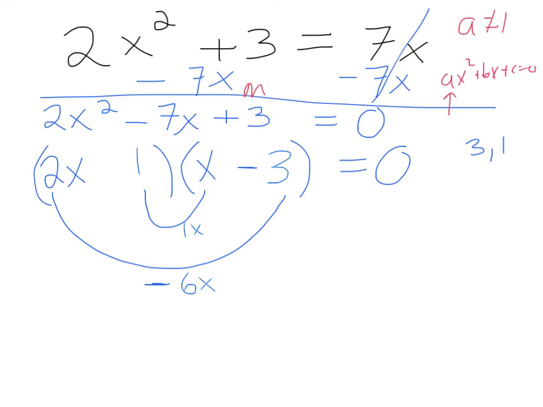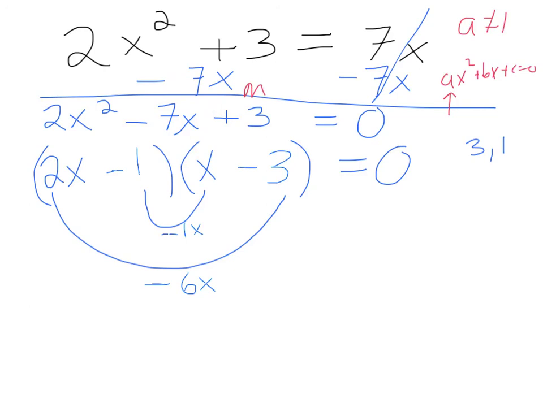If the inner term was negative as well, you'd have negative 1 times x. That makes negative 1x. Now, what's nice is you're still covered here. To make 3, negative 1 times negative 3 makes a positive 3, because a negative times a negative is a positive. But a negative plus another negative makes an even more negative number of negative 7. So we did, in fact, perfectly factor this.